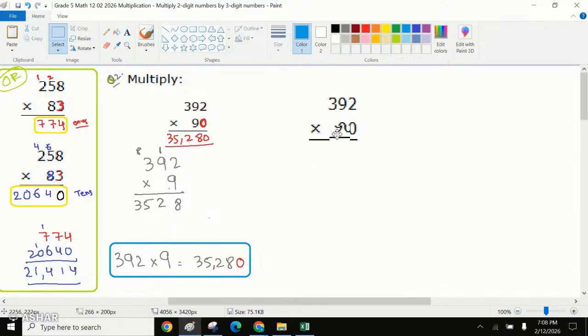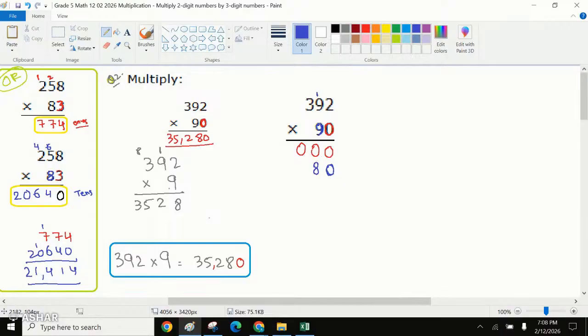Whichever way is feasible for you, because in this topic what we are looking at is multiplying 2-digit numbers with 1-digit numbers, right? So let's multiply the units with all the numbers. 0 multiplied by 2 is 0. 0 multiplied by 9 is 0. 0 multiplied by 3 is 0, right? When the tens is being multiplied, we always put a 0. 9 multiplied by 2 was 18.